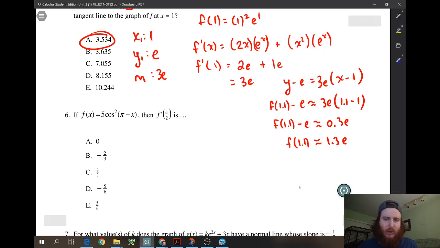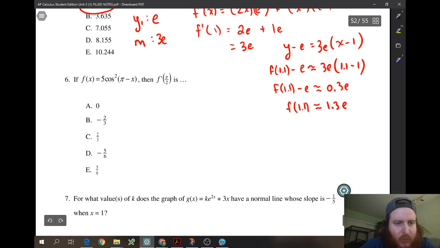So that's how you would do that one. Again, on the exam, I won't do anything with these e's for plugging in, and we won't do anything with decimals.